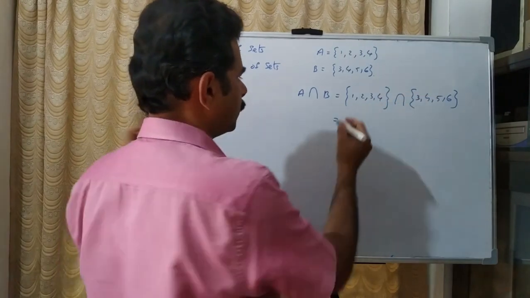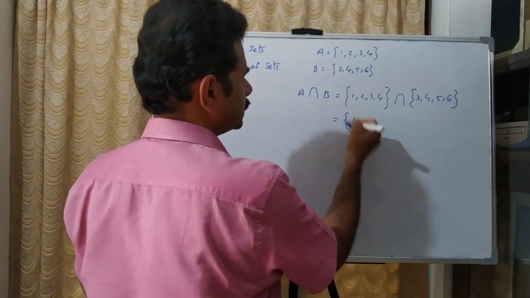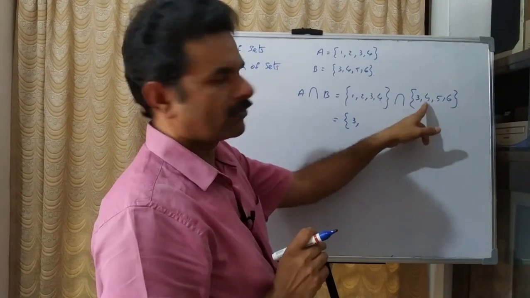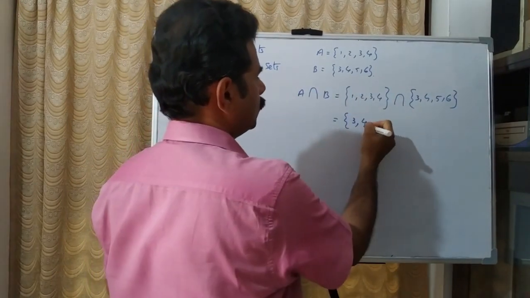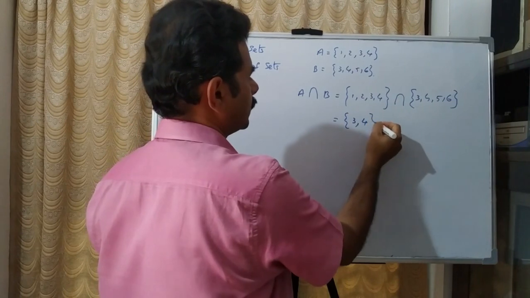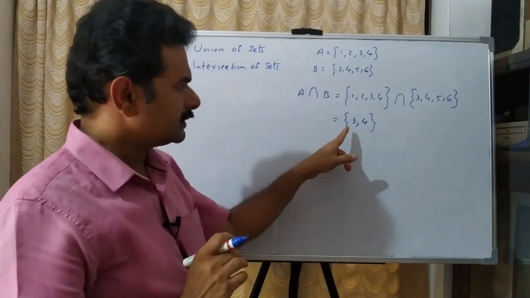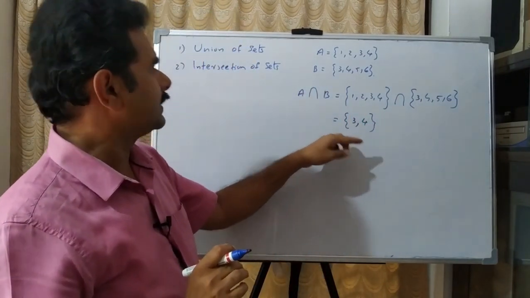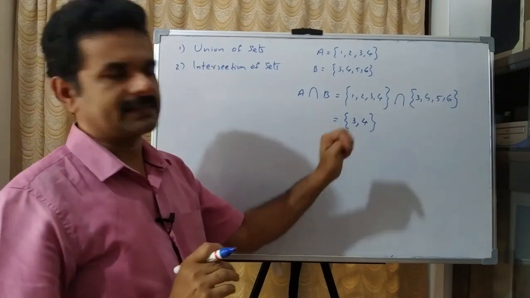Okay, 3 is common for both A and B. 4 also is in both. So that is all about the common part. Okay, 3 and 4. So this set {3, 4} is the intersection of the two sets.